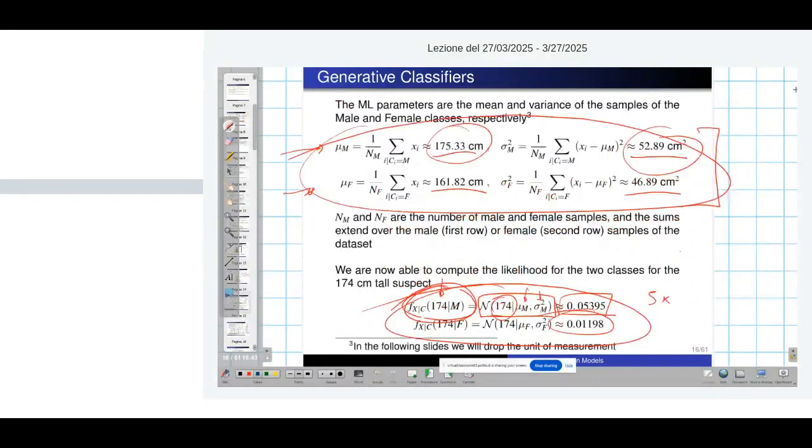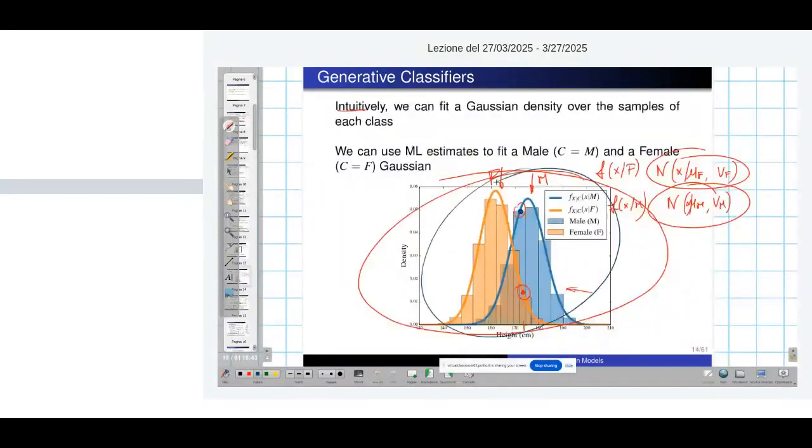Again, the density tells us that it's more likely that I see 174 in a male rather than in a female class. But it doesn't tell us how likely it is that I see somebody who is 174 and male, or 174 and female. That depends on how many females and how many males I have.